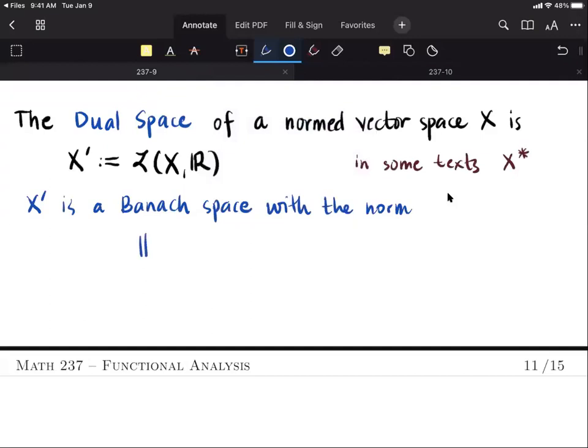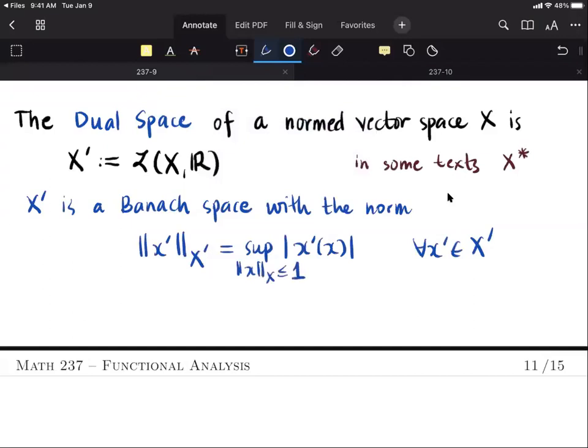And in this case, the operator norm would be, so if I have, let's say, an X prime in the dual space, the norm of X prime is equal to the sup of X prime of X. Here, the norm is now taken with respect to the norm of R, the absolute value, for any X in the closed unit ball of capital X. So you can alternatively use the other definitions of the operator norm, but for now, let us use this specific formulation.